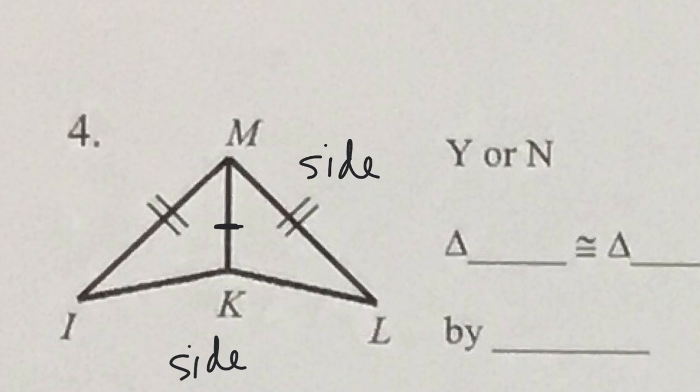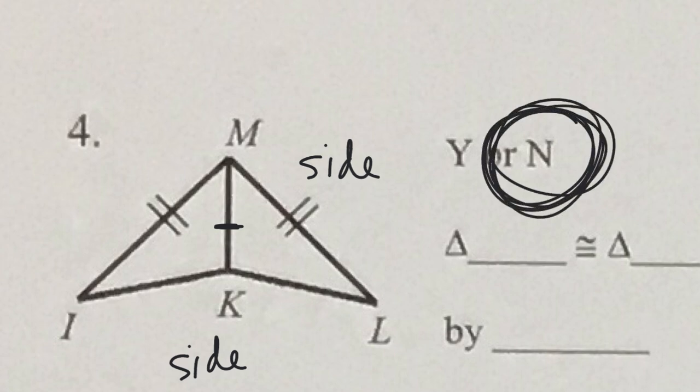That answer is no, right? There aren't any vertical angles. These aren't parallel lines, so we have no parallel line angles. So are these triangles congruent? No. I mean, they might be, but we are not given enough information to say with confidence that they are congruent. Even though they might look like it, if the markings aren't there, we can't definitively say yes. So this one is a no.